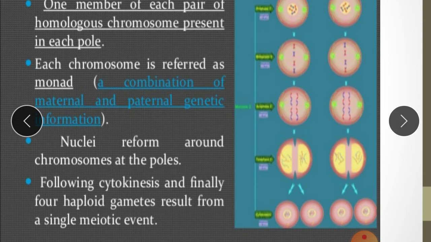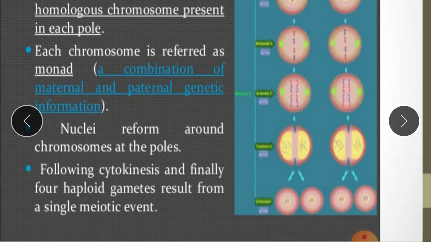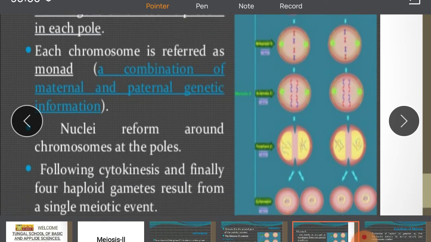Nuclei reform around chromosomes at the poles. Following cytokinesis, finally 4 haploid gametes result from the single meiotic event. From each cell, 2 daughter cells are formed. Can you see here?